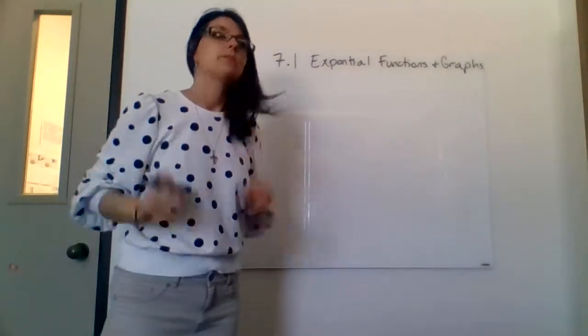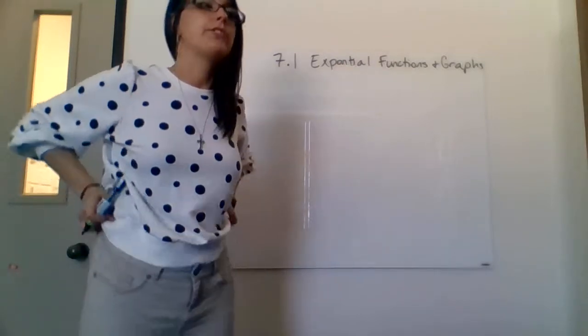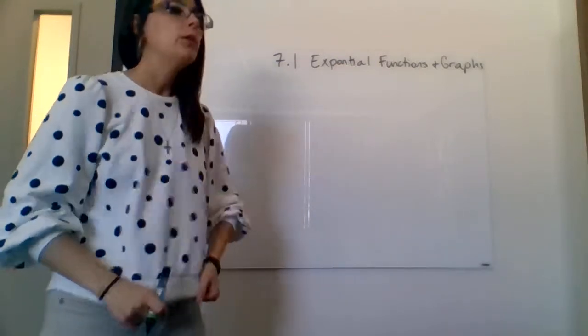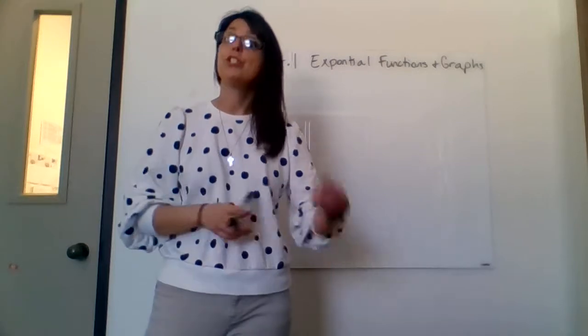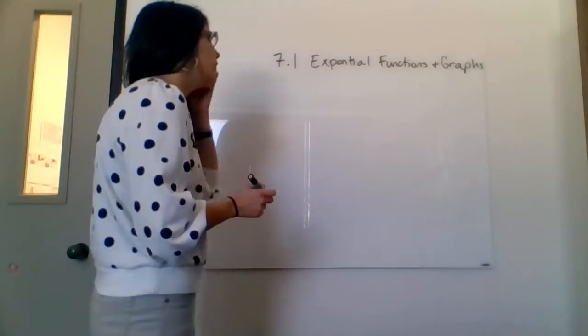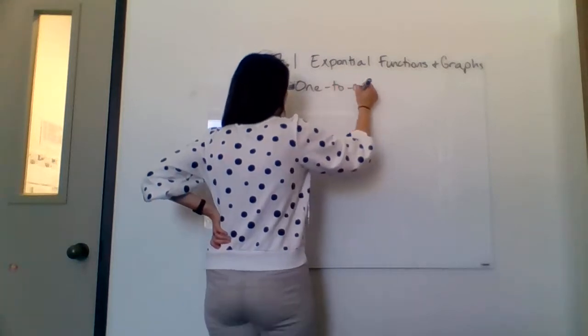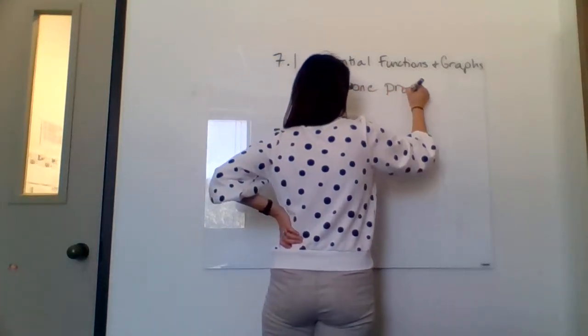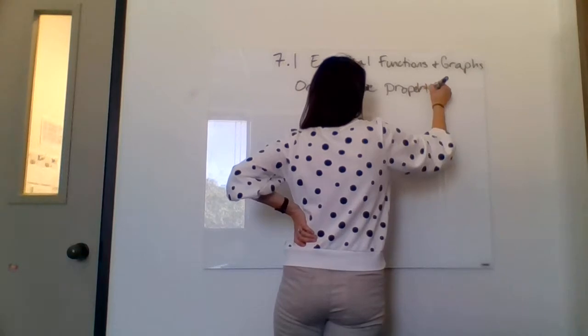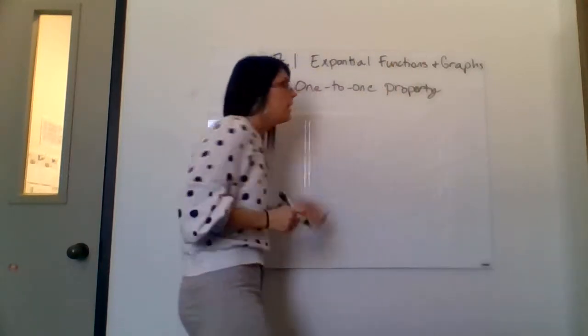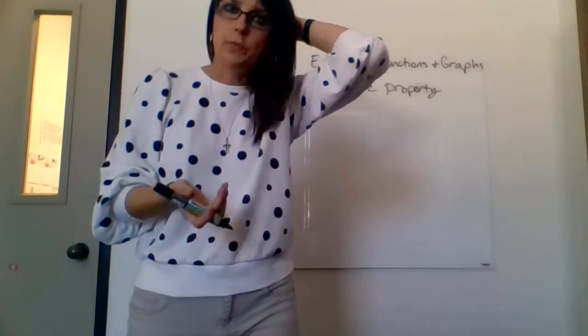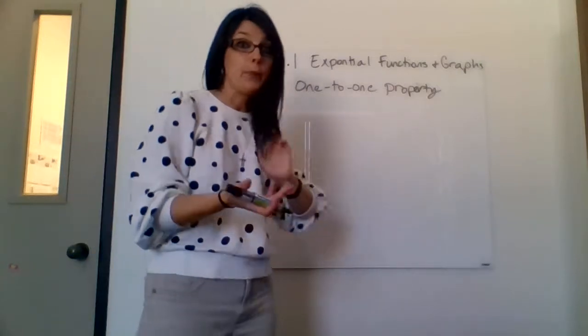So there are two different methods to solving exponential equations. We only have the tools to use one method right now, and it's called the one-to-one method because it uses the one-to-one property of exponential equations or exponential expressions.